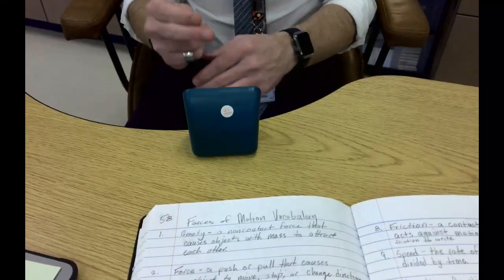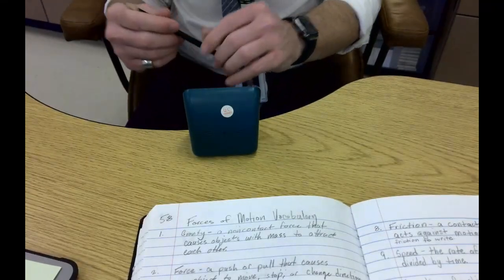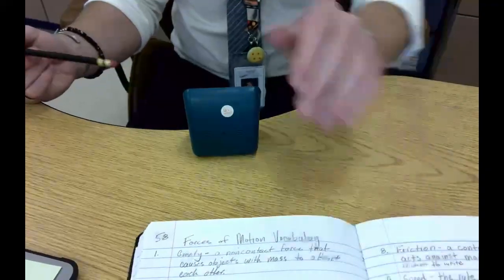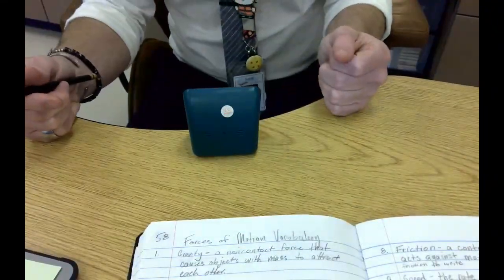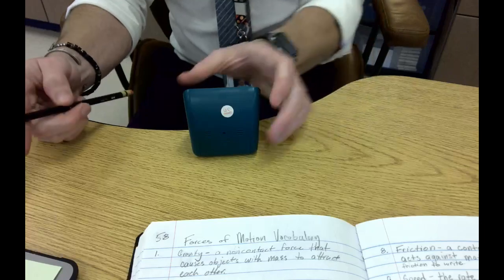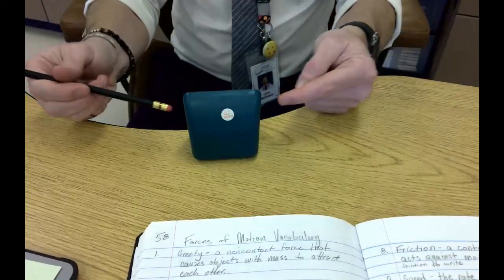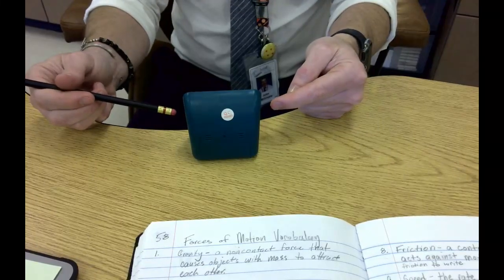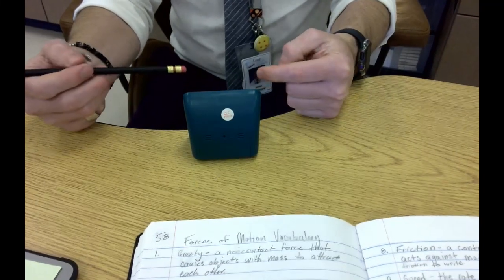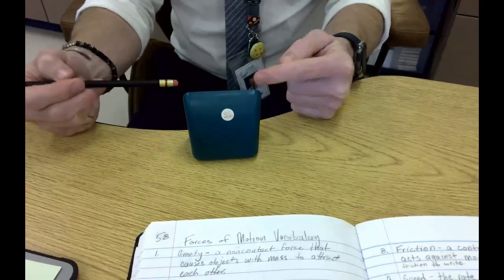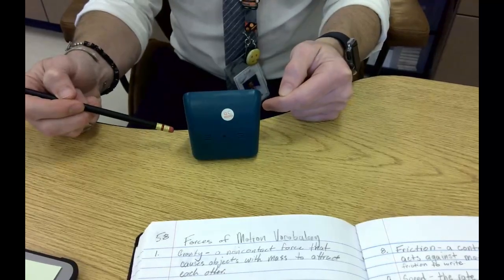Now, the opposite of that is our number 7 word, kinetic energy. Kinetic energy, like we said before, is the energy of something in motion. So this has 0 kinetic energy right now because it is not moving. This has a whole lot of potential energy, but it has 0 kinetic energy.